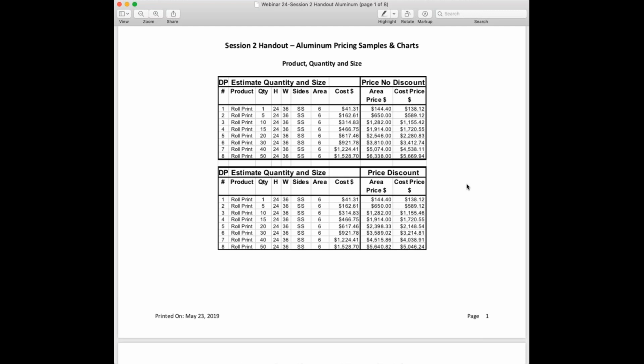So the acrylic was illustrated as an 18 by 24 with quantities that range from 1 to 1,000 with 8 samples total. And the aluminum was 24 by 36, and the quantities range from 1 to 50 over the 8 data points. Okay. All right. Thanks, sir. Does that make sense? Yes, it does. Now it does.